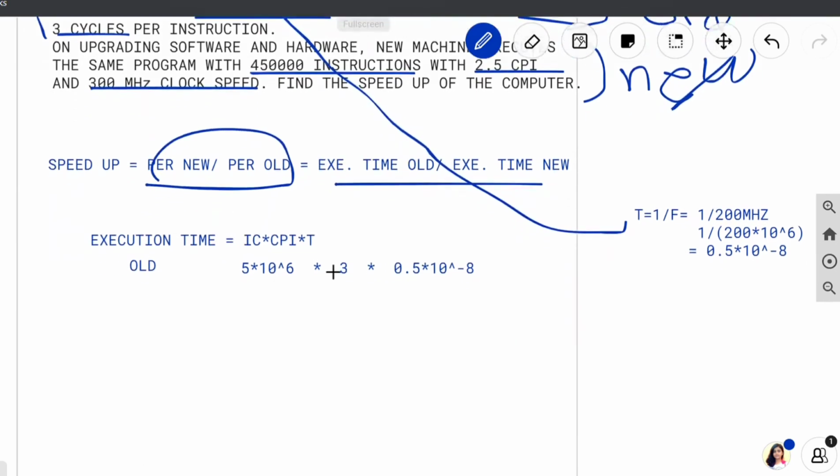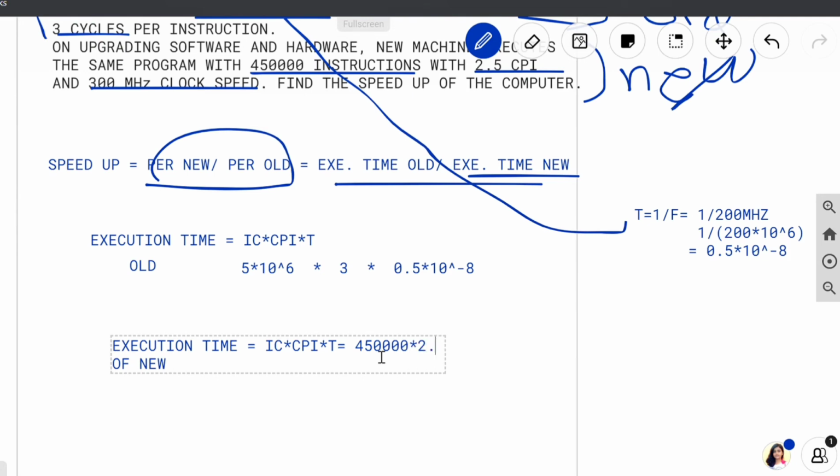Now I also have to calculate the execution time of the new machine. Execution time of the new machine is also equal to IC into CPI into T. From the question we have seen that 450,000 instructions was the IC, with the CPI of 2.5, so 2.5 was the CPI.